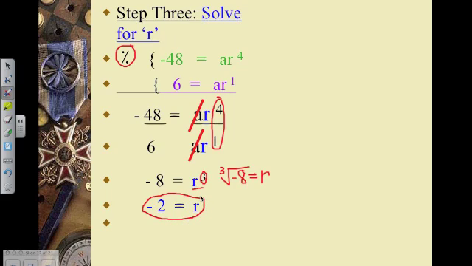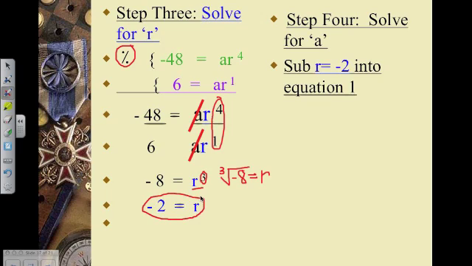Now it's not enough just to solve for r. I also have to solve for a, and I can do this by substituting r is equal to negative 2 into either equation 1 or equation 2. It doesn't really matter. Equation 1 is a little bit simpler, so a r to the power of 1 is equal to 6.